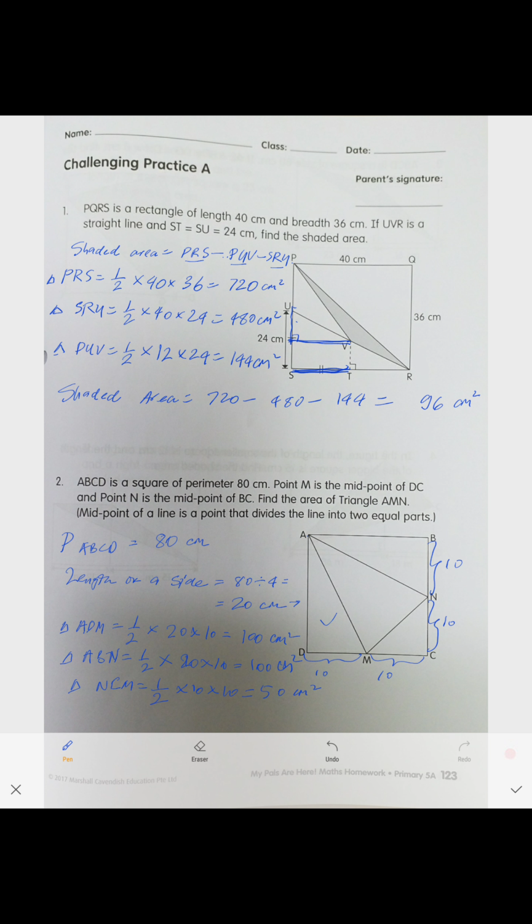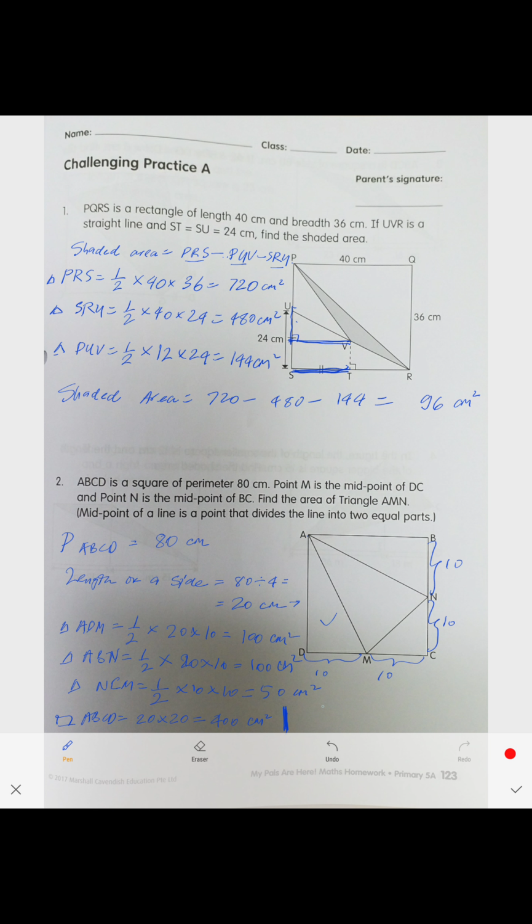Last thing that you do is you find the area of ABCD, right? So square ABCD is 20 by 20 and is equal to 400 square centimeters. All right? And I'm gonna kind of separate that.